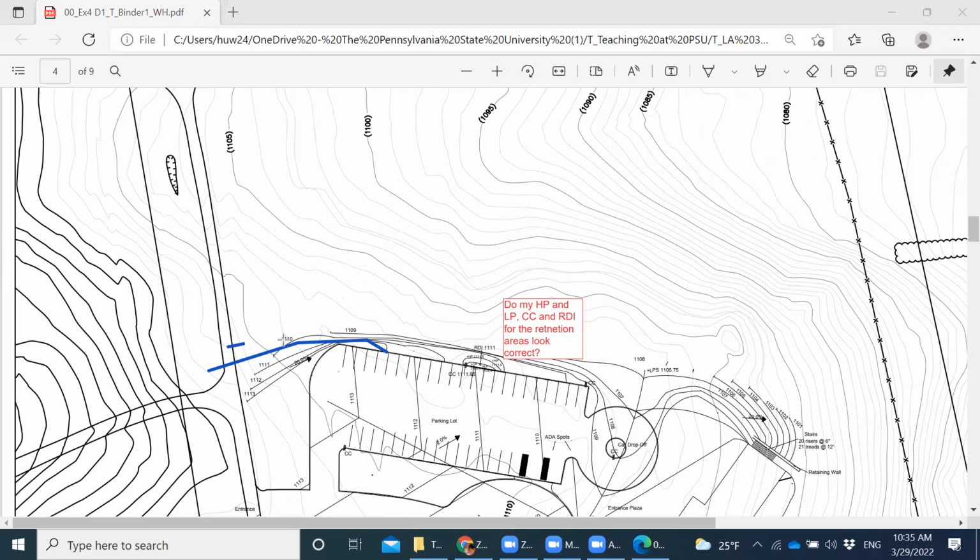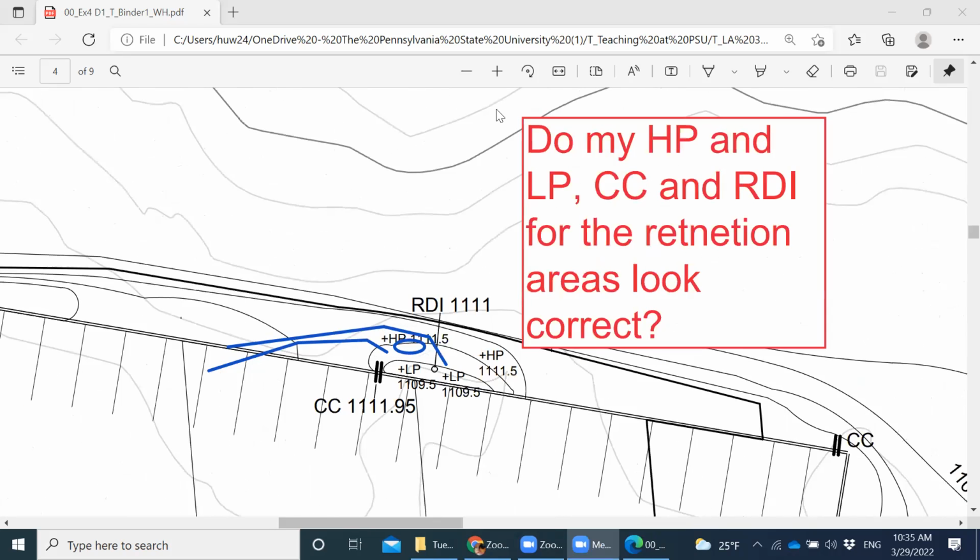And then 1102 would do something like this, because we still need to leave some area in between for retention, right? So all these contours need to move over to the north side so that your slopes wouldn't be too steep, okay?